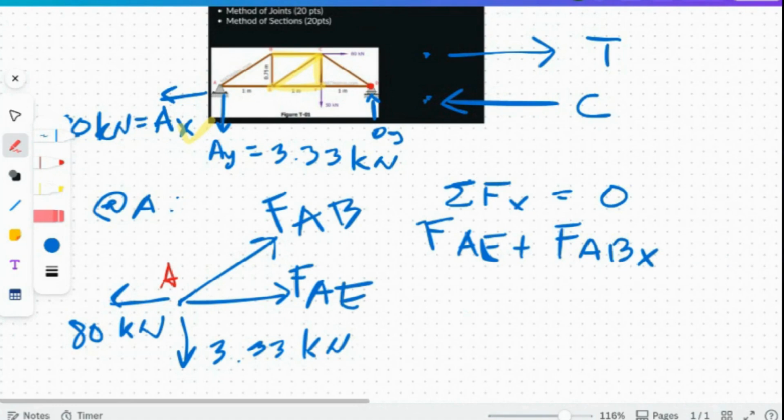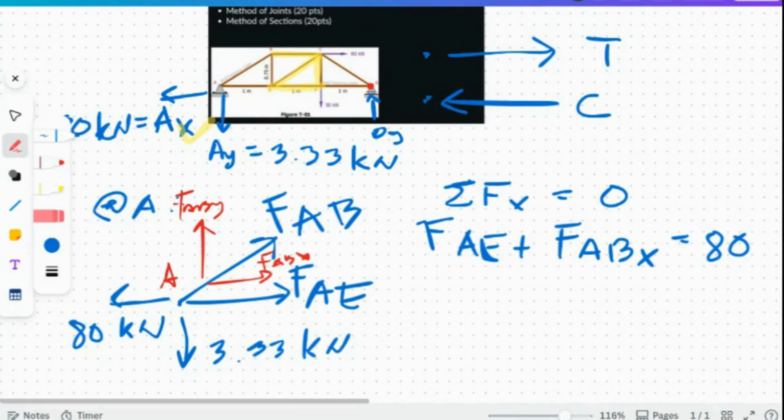Recall that we have an X direction and a Y direction for this force member. So we account for that here. It's FAB X, FAB Y, right? Then we equate that to 80.